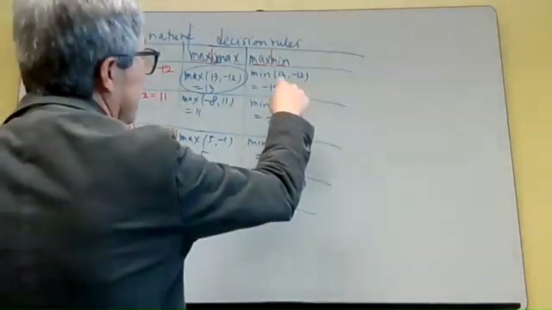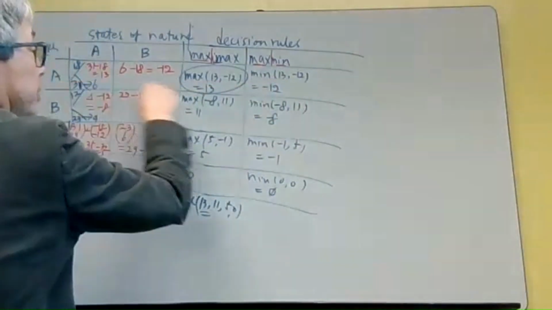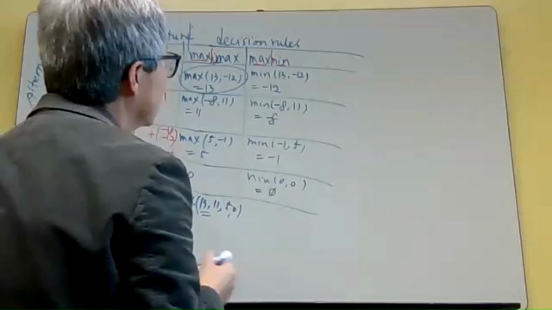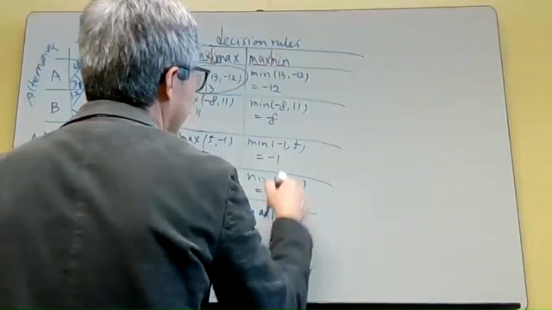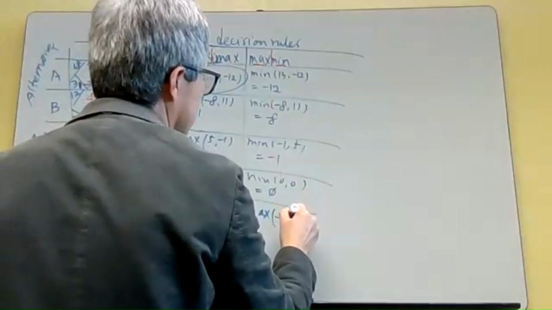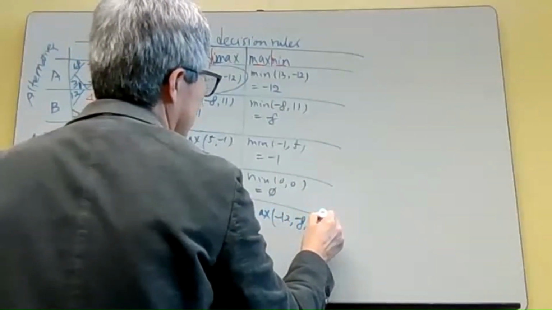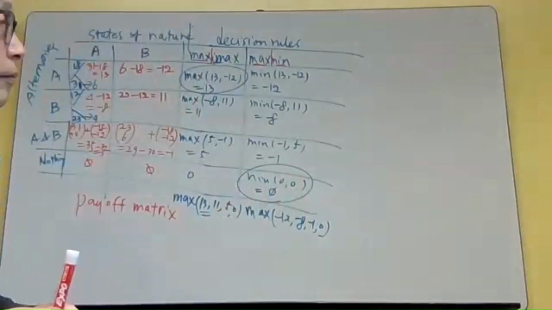Now we have the minimum payoff of each alternative. Then we're going to choose the maximum payoff out of these minimum payoffs. So it's a 0. That's our decision.